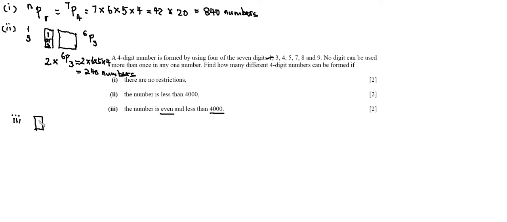The first block is 1 or 3. But in this case, because it has to be even, we have to create a third block. For the third block, being even, you can put 4 or 8.